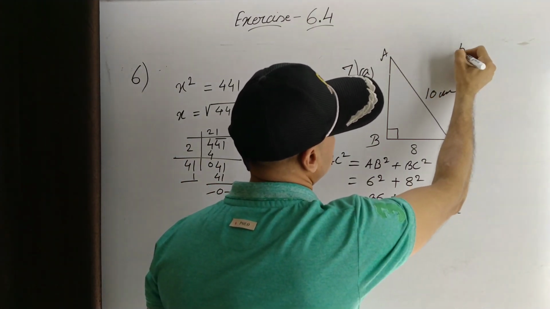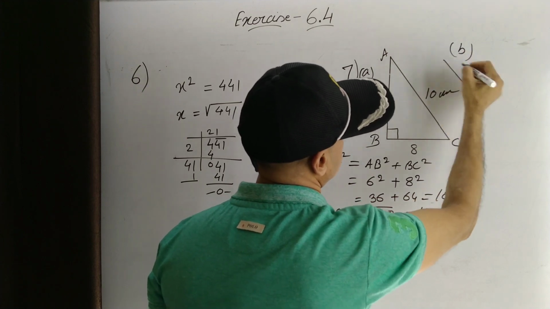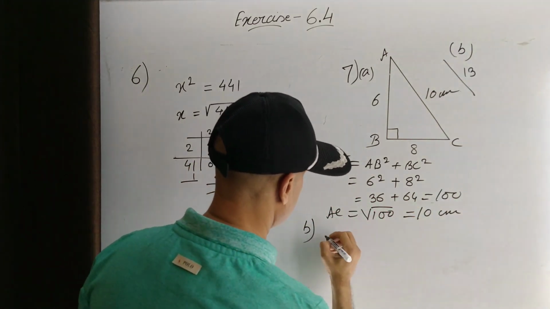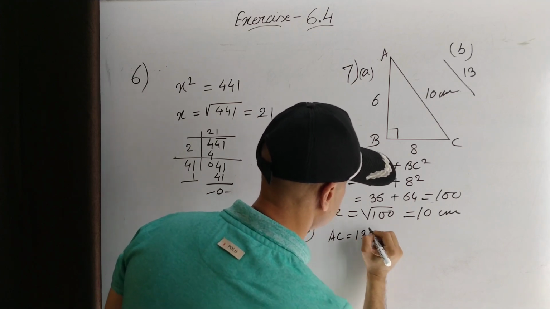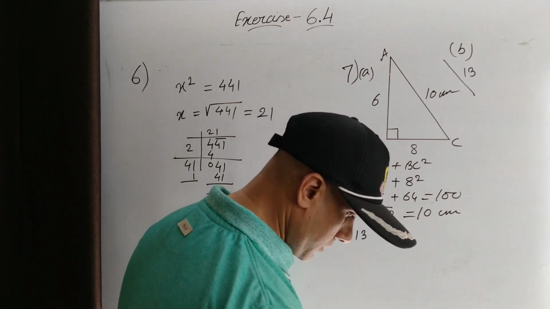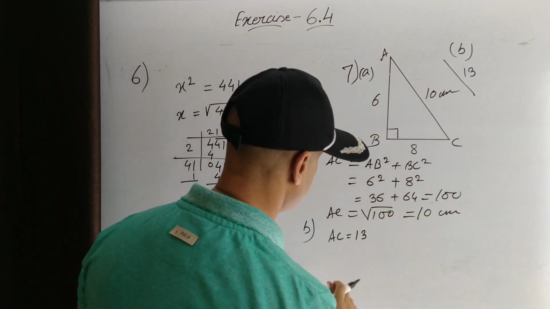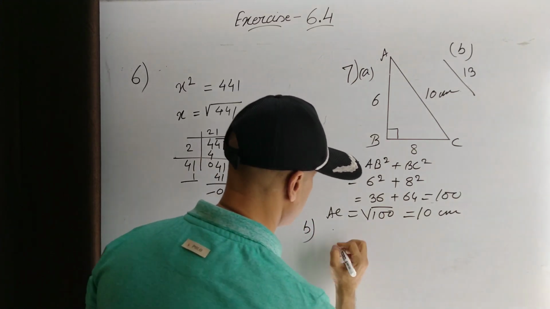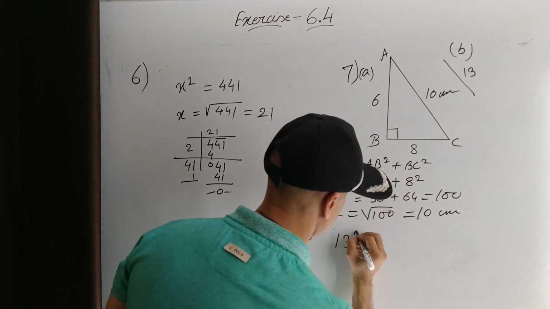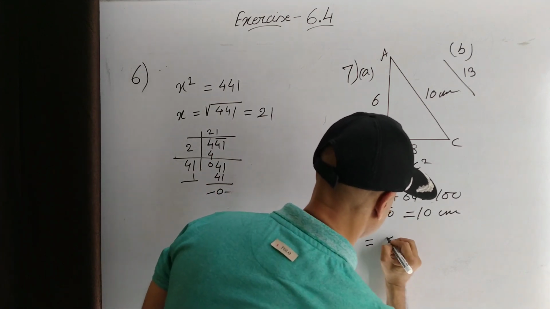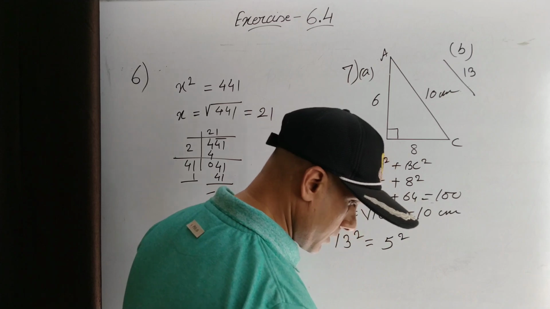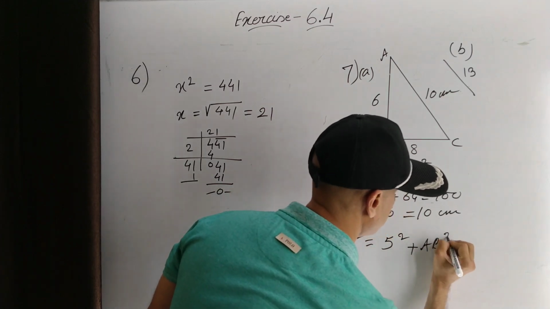so in this case for B we'll take this AC is equal to 13 centimeters. So we'll put AC is equal to 13 centimeters and BC is 5 centimeters. So straight away we'll apply Pythagoras theorem. So 13 square will be equal to BC, that is 5 square plus AB square.